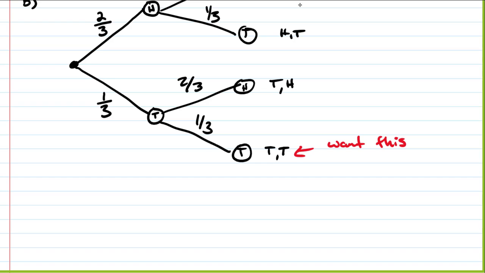So the probability of getting 2 tails is going to be 1/3 times 1/3, which is 1/9. So if I have an unfair coin that is twice as likely to get heads than tails, if I flip it twice, the probability that I got 2 tails is a 1 in 9 chance.